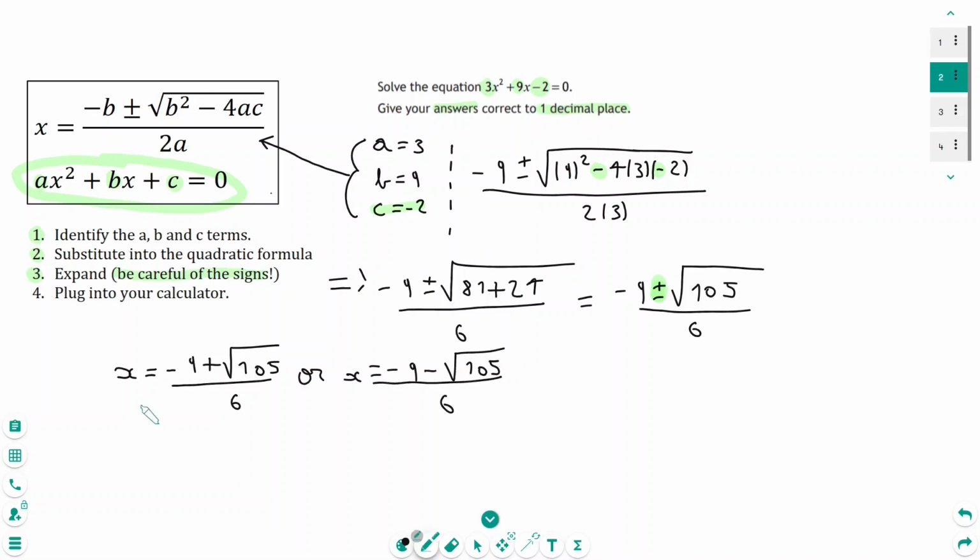There's only one more step we need to do now. We need to plug this into our calculator, and we need to give our answer to one decimal place. If you try that, what you should get is x is equal to negative 3.2, or you get x is equal to positive 0.2. And there we go. We have solved this equation by using the quadratic formula.